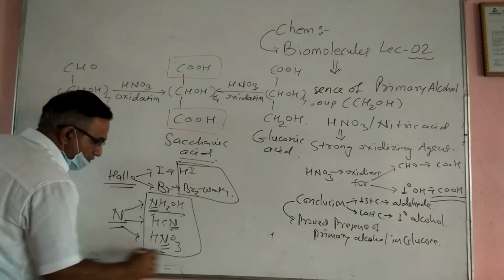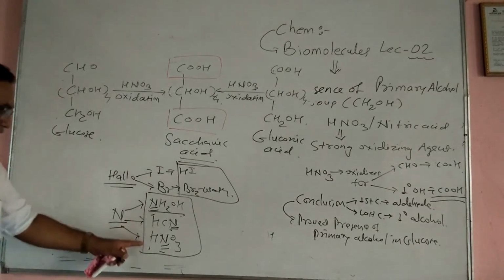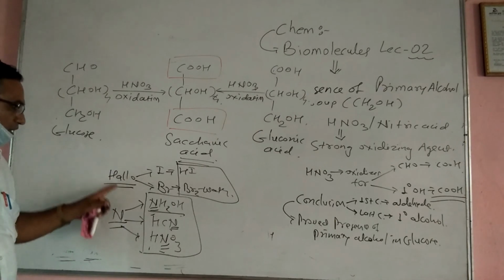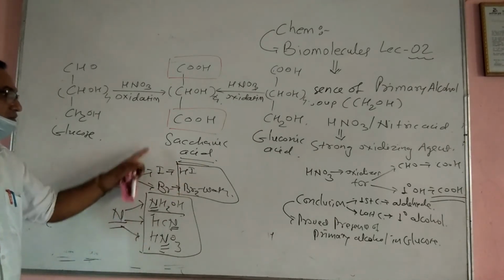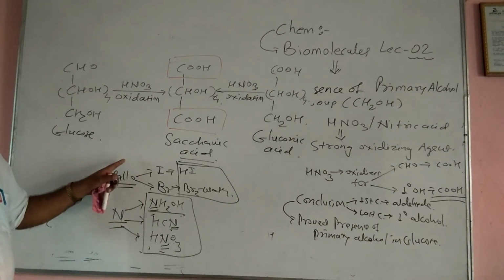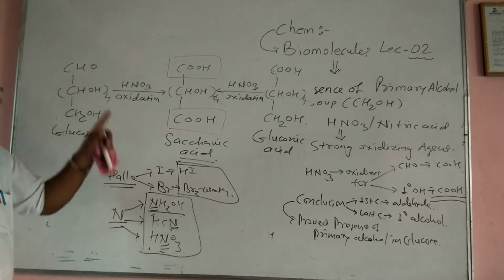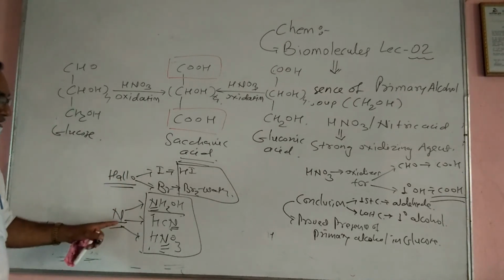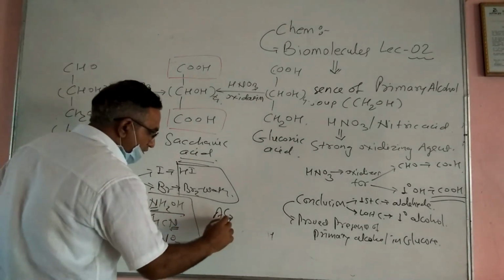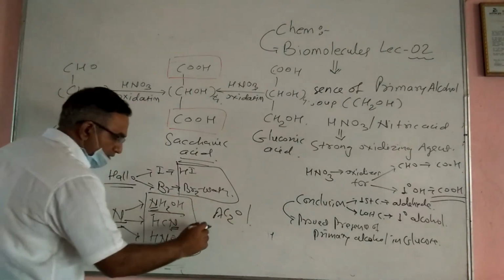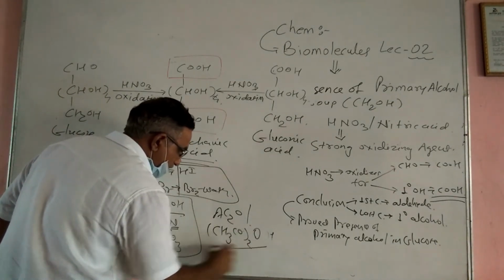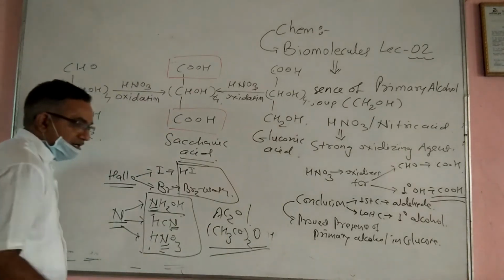So these are the nitrogen-associated chemical agents. So you remember these from nitrogen and from the word halo, these two reagents. So these 5 chemical reagents you have to use to perform the confirmation reactions about the glucose assigned structure. And the odd one out is acetic anhydride, Ac2O, or you can say CH3CO twice and oxygen. So this is acetic anhydride.